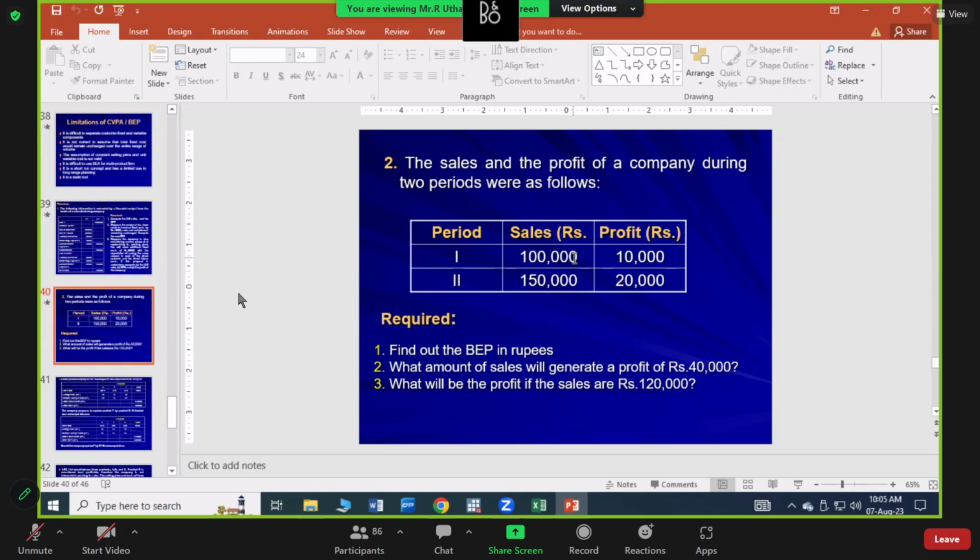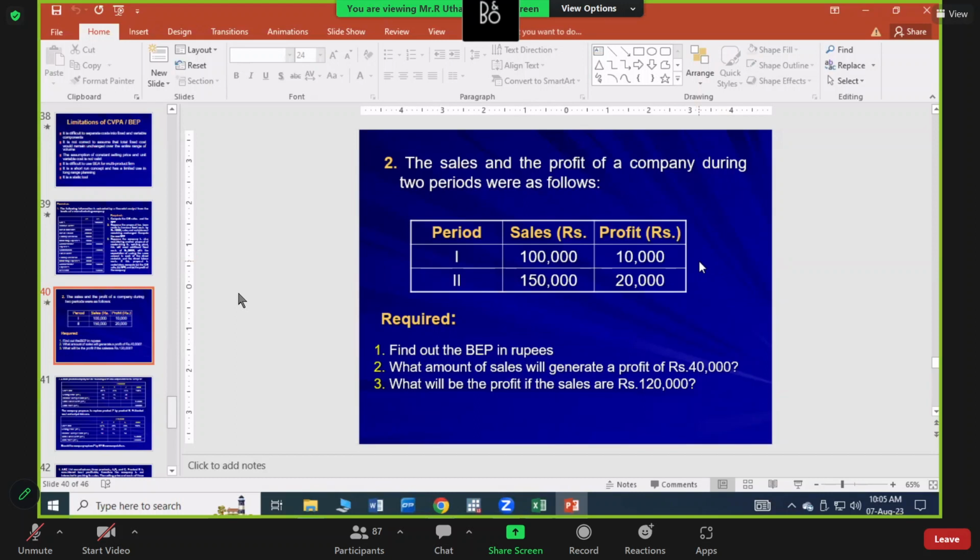You must apply the knowledge that the difference between the sales and the profit would be the total cost.